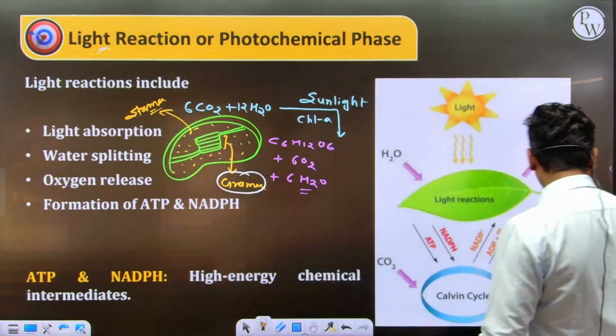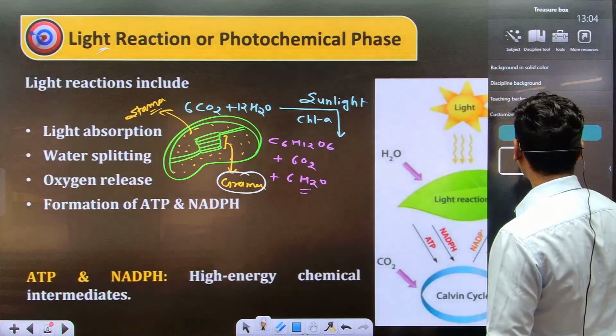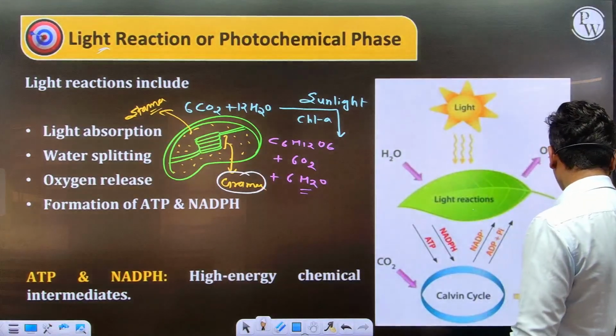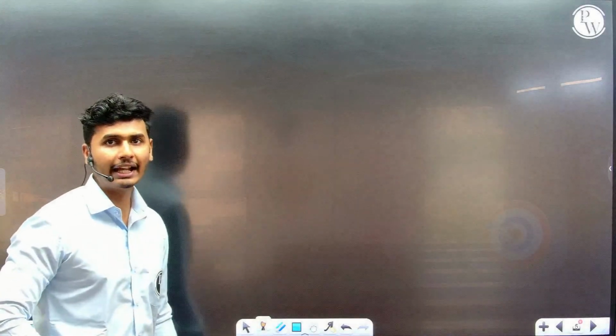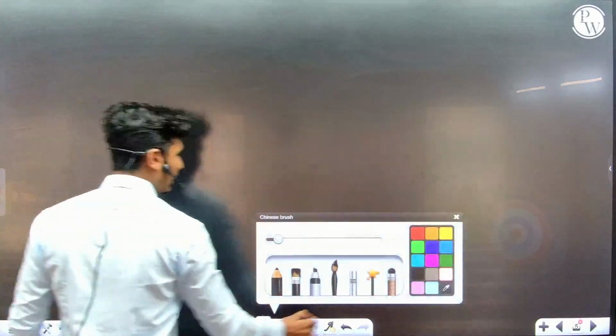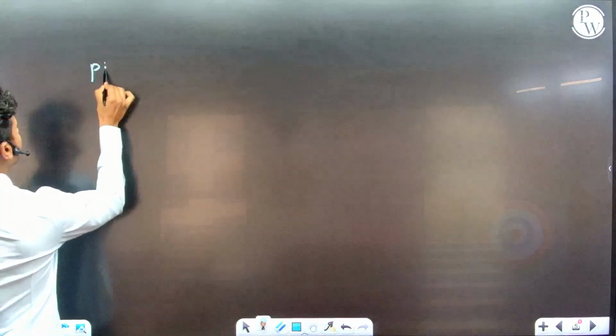Now what exactly are light reaction and dark reaction? I am customizing this slide, adding one blank slide and writing here the importance of light reaction and dark reaction. Here I am going to start with photosynthesis.